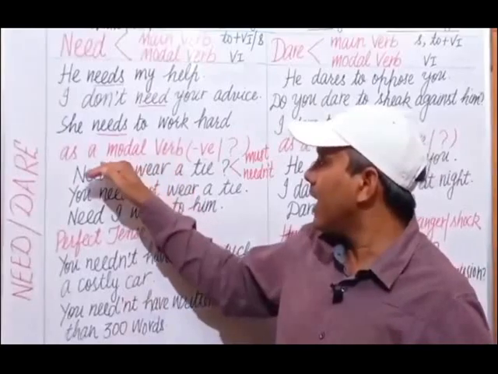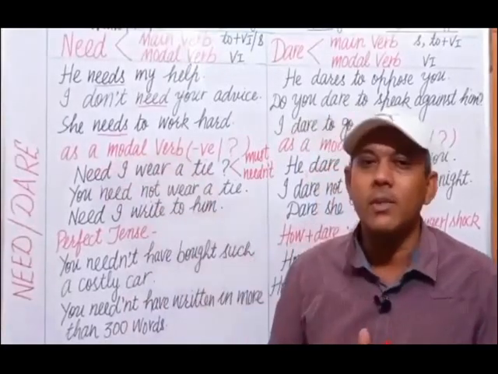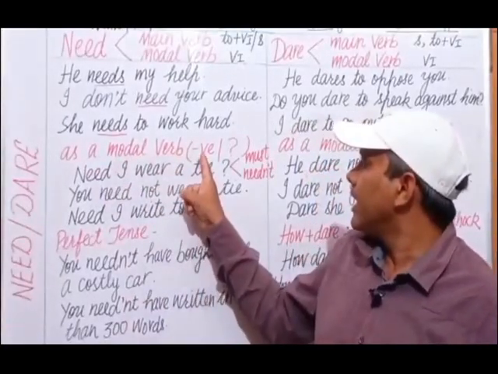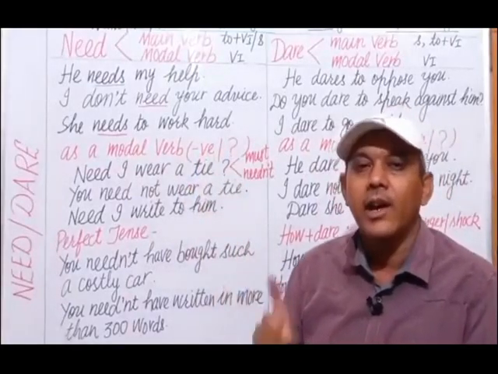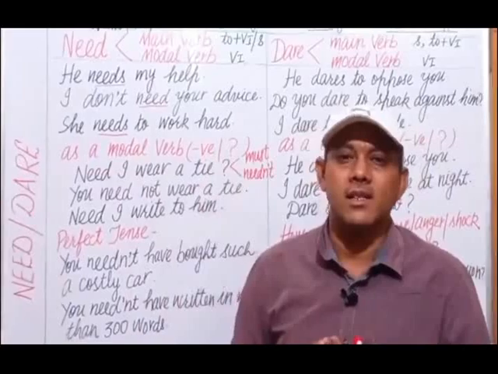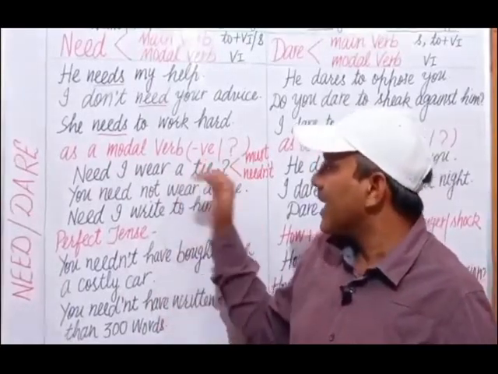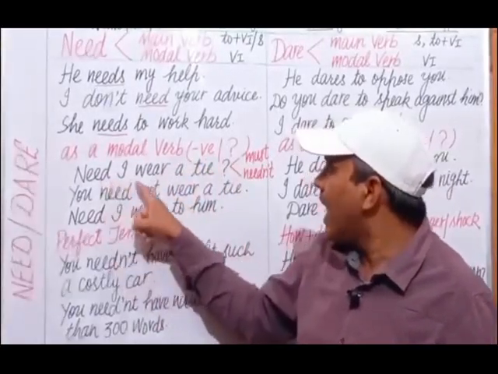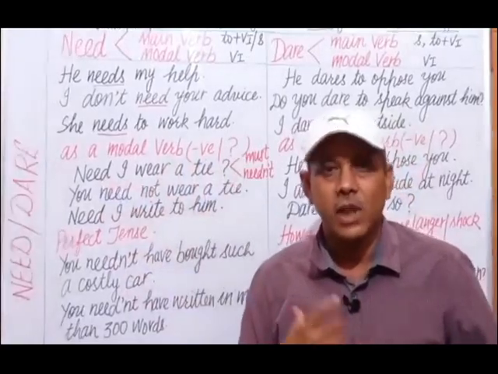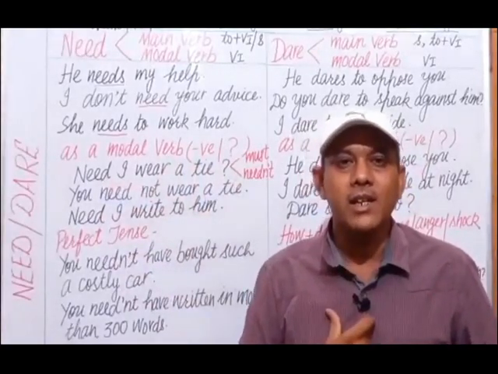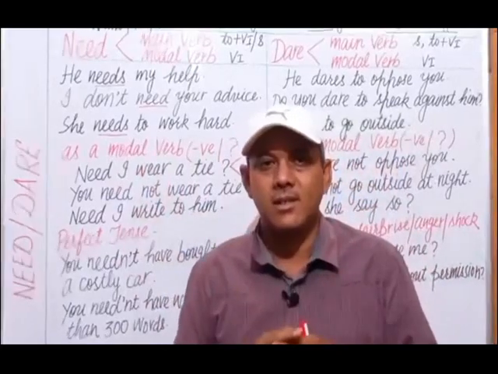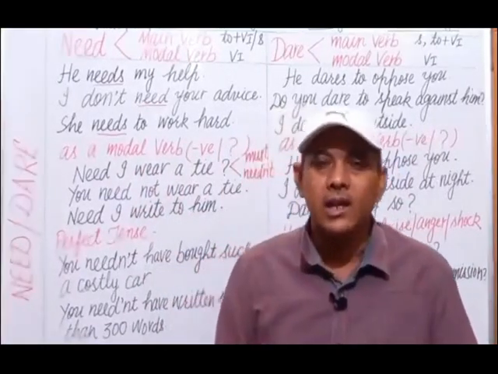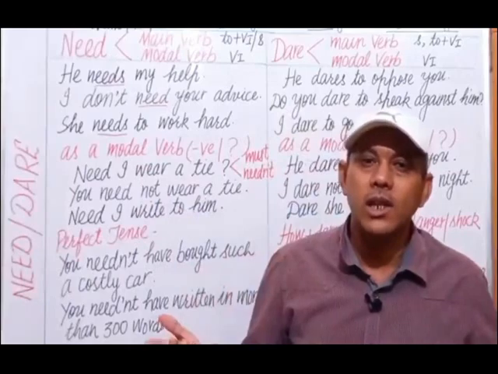But when need is used as a modal verb, first of all, it is used in negative and interrogative sentences only, not in affirmative sentences. Let us take some example. Need I wear a tie? If I say, need I wear a tie? It may have two answers. हाँ जरूरत है, दूसरा बिल्कुल जरूरत नहीं है.